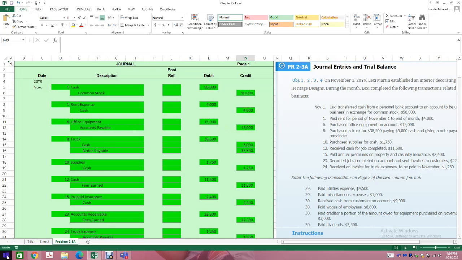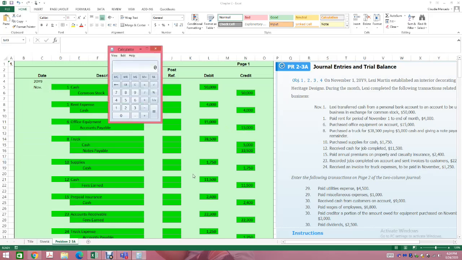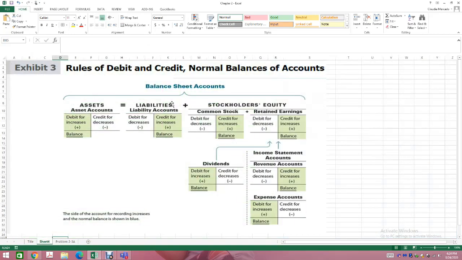Well, I owed $15,000 and right now I'm making a payment of $3,000. That means that now I only owe $12,000. So my balance is going down. So if your liability, which is your accounts payable, is decreasing, then you debit the account. Your liability, what you owe, is going down because you're making a payment. You're going to debit the account.